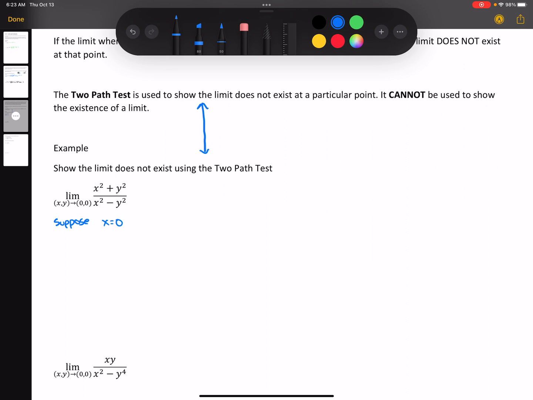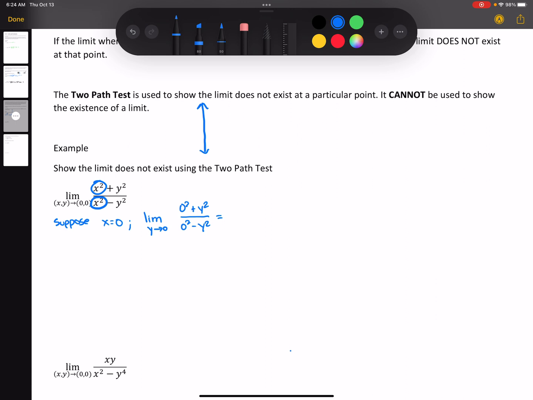Under the assumption that x is 0, what we're really doing is just finding the limit as y approaches 0. And if x is 0, then this term disappears and that term disappears. So we would get 0 squared plus y squared over 0 squared minus y squared.